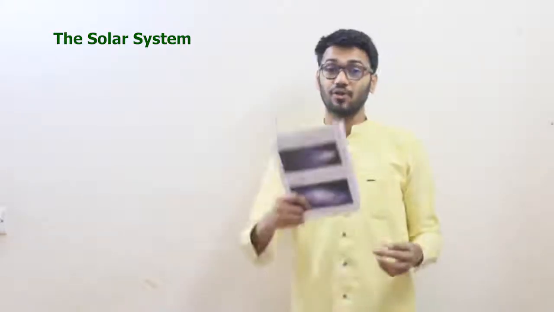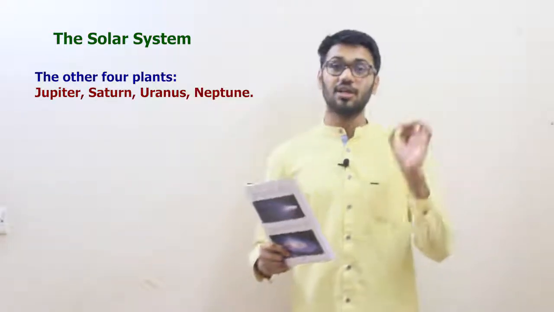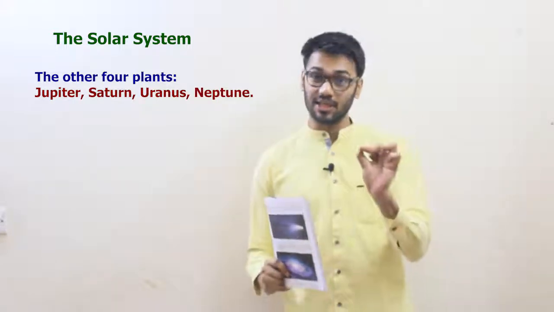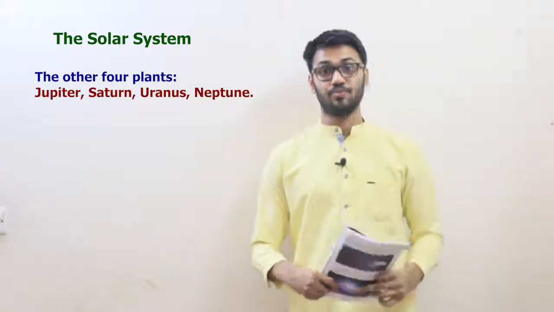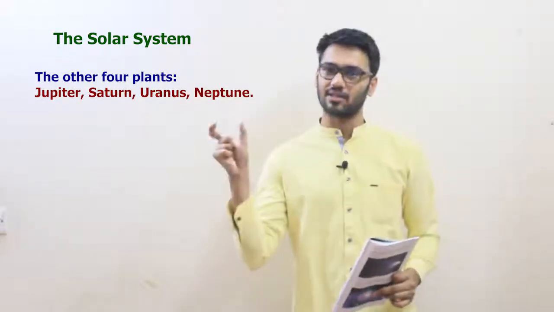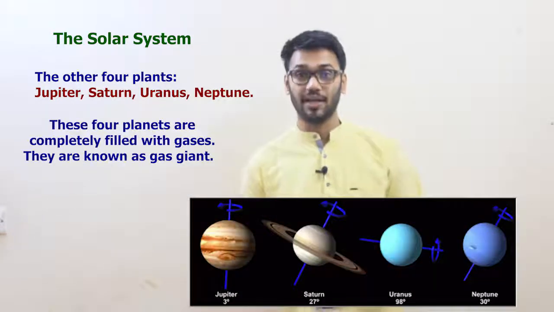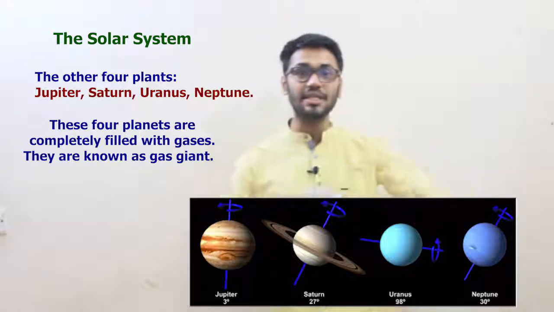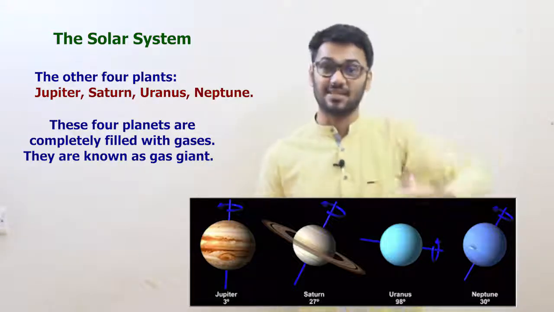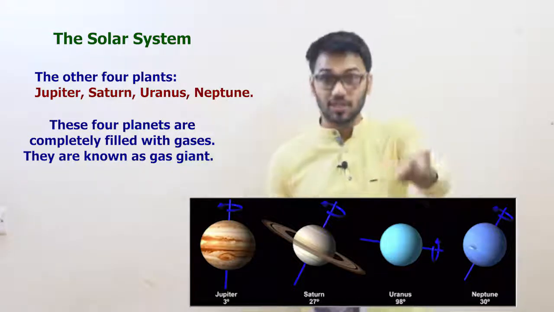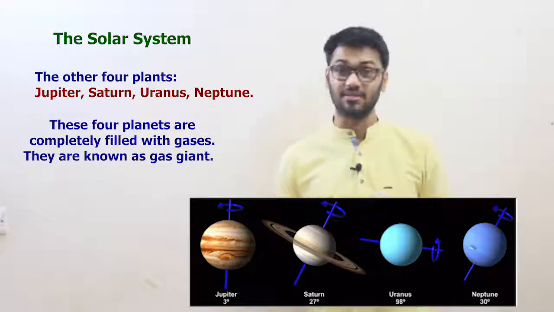So what are the other 4 planets? These other 4 planets are Jupiter, Saturn, Uranus, Neptune. These 4 planets are completely filled with gases. And you already know what gas is, right?